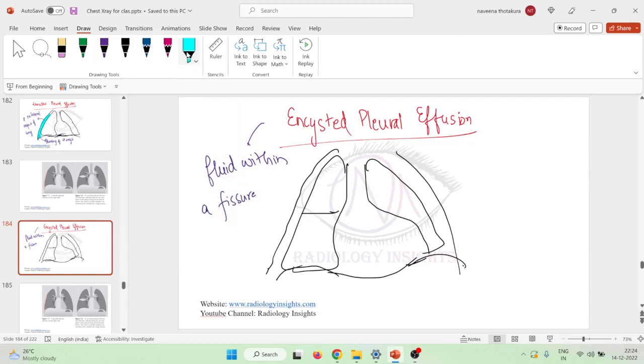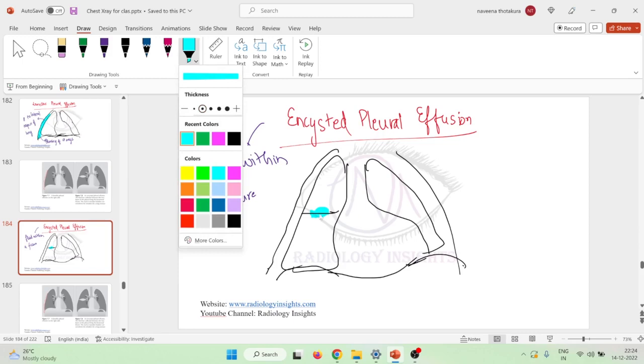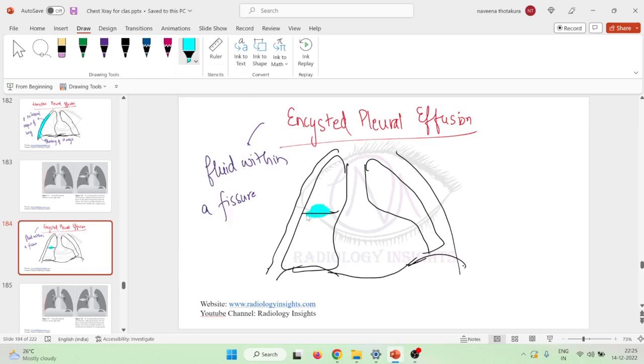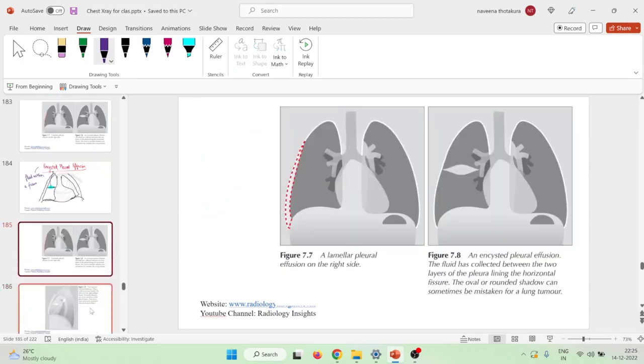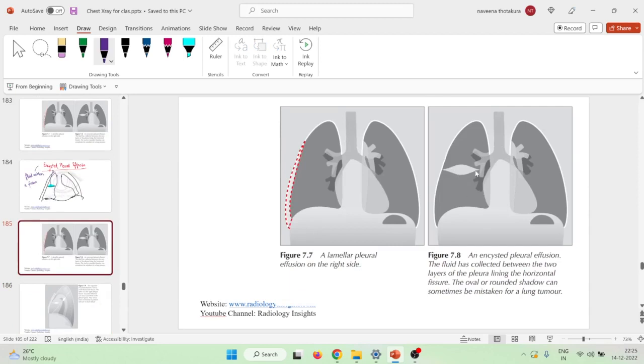Now, the pleural effusion, the fluid, is located along this fissure, like this. Okay, so this is called encysted pleural effusion, where fluid is seen within the fissure. So if you see here, this is an encysted pleural effusion where fluid is seen within the fissure.